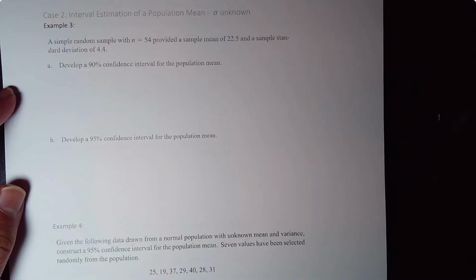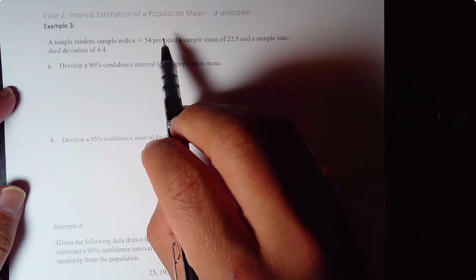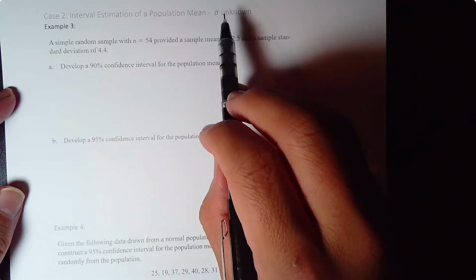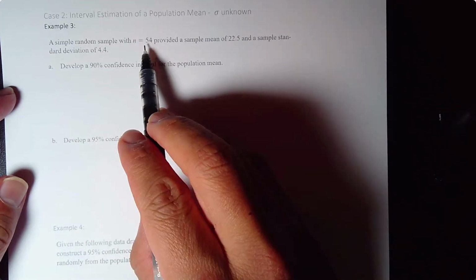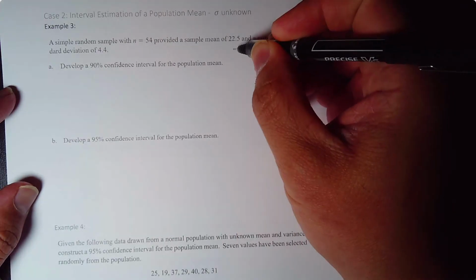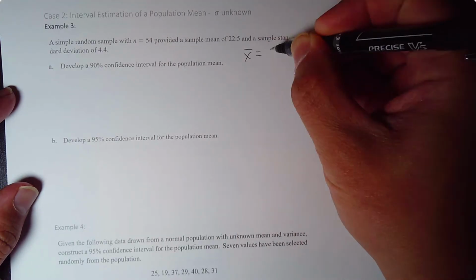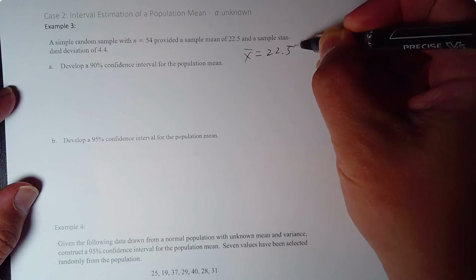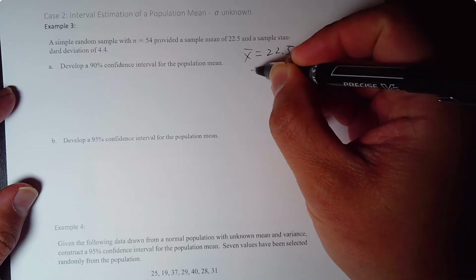Okay, let's do an example with case 2 when sigma is unknown. I have a random sample, n equals 54, sample mean of 22.5, and sample standard deviation of 4.4. I don't know sigma.